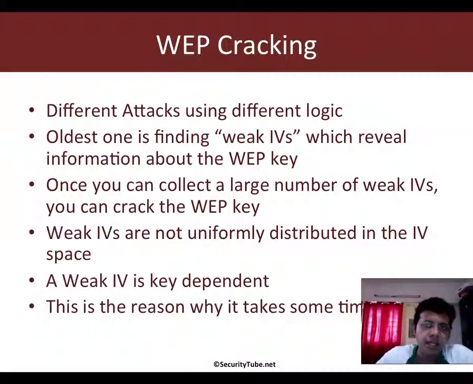And the weak IVs are distributed non-uniformly and are key dependent. That's also something very important. To some extent, when you take one weak IV, it may reveal something about one particular key but may not reveal something about some other key. And this is the reason it takes time. Why? Because for any given key, you need to gather enough of these weak IVs to actually be able to guess the original key with some confidence.